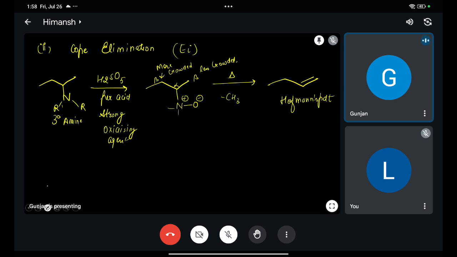Or we can say it is eliminating out, like R dash, R dash. So the mechanism is Ei. Okay? Any problem? No problem.